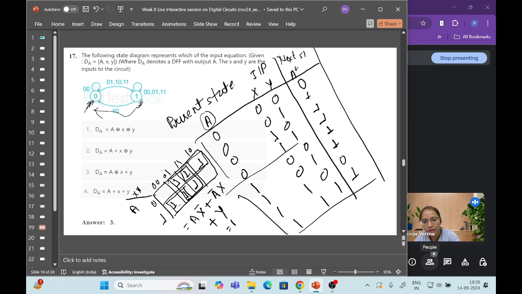We can write it as A XOR X, right? Plus Y. So the equation we have got is A XOR X plus Y, the input for the D flip-flop DA. Okay, so this is the equation. So A XOR X plus Y. So option 3 is the correct answer. Okay, have you got this?